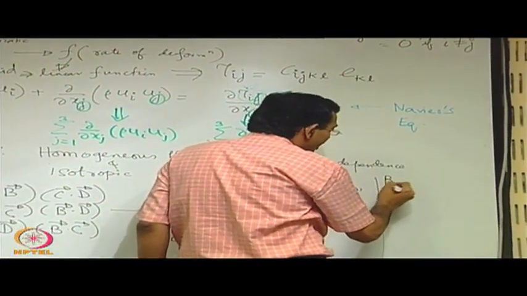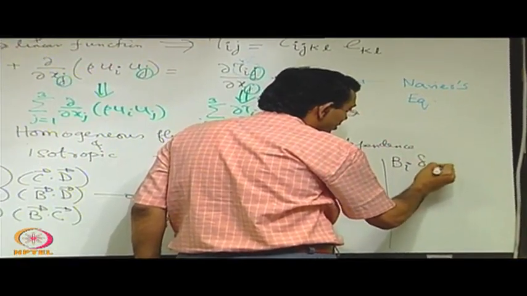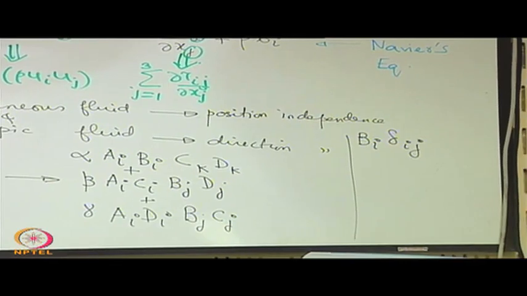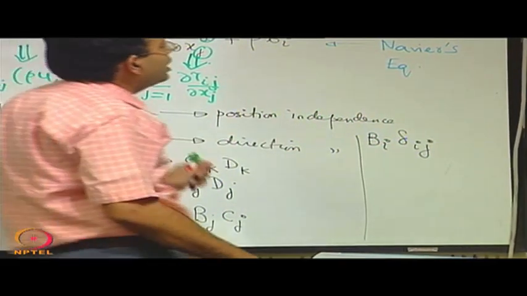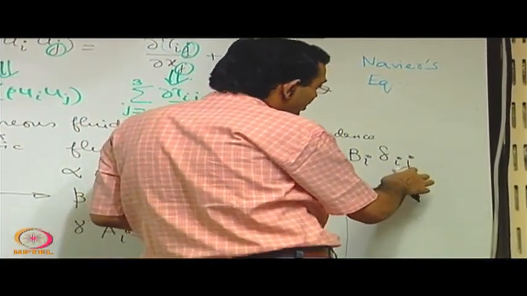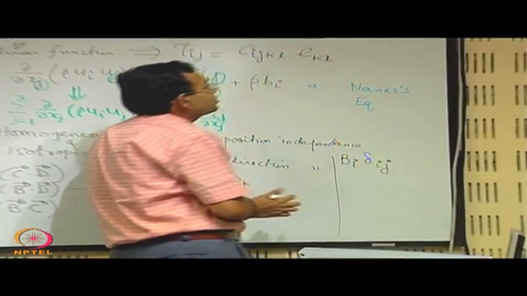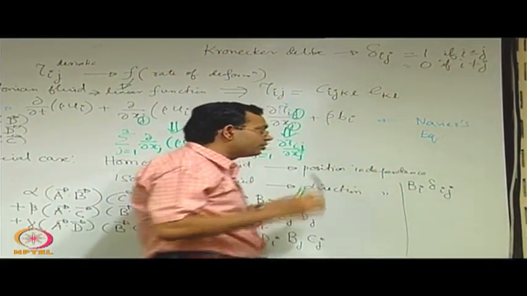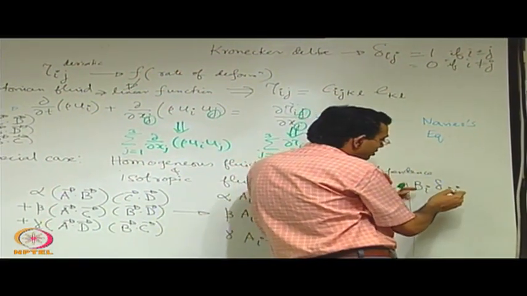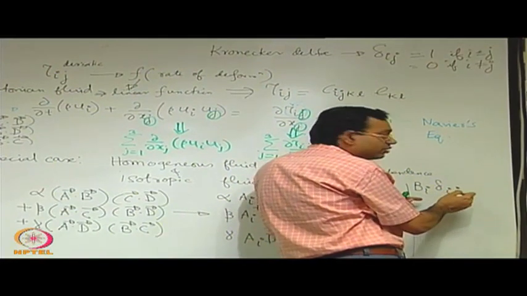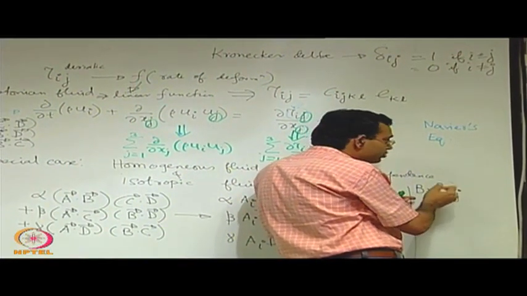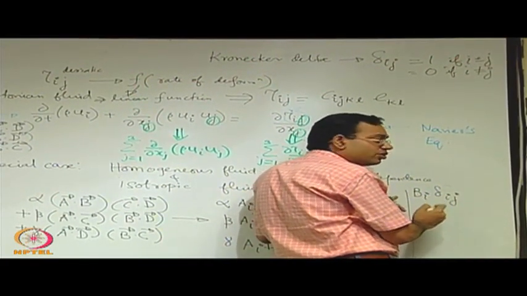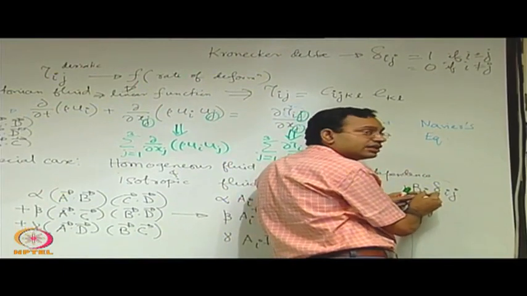Now, let us see. Let us say we want to write Bi delta ij. What is this? You have to keep in mind that only when you have i equal to j, then this is 1. So, there is only one case when this is equal to 1, and that is when i is j.